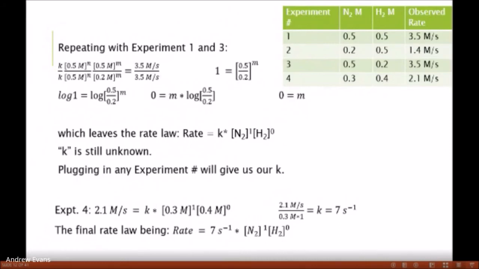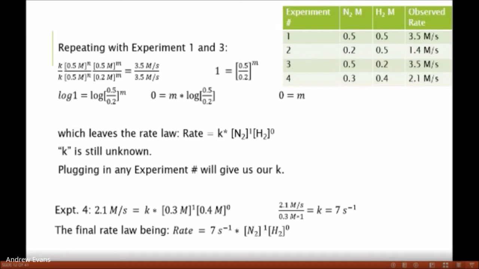To find K, we plug in one experiment into this rate law and solve for K. In this particular example, I plug in experiment 4, which is the rate of 2.1 equals K times 0.3 times 0.4 to the 0th.